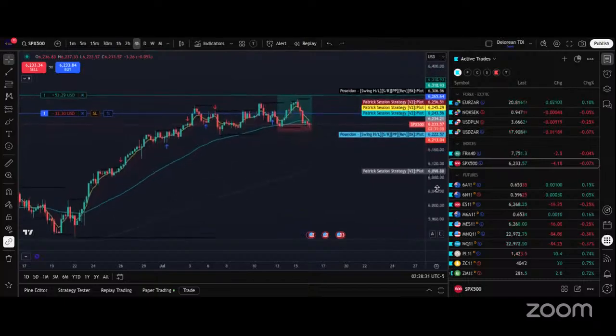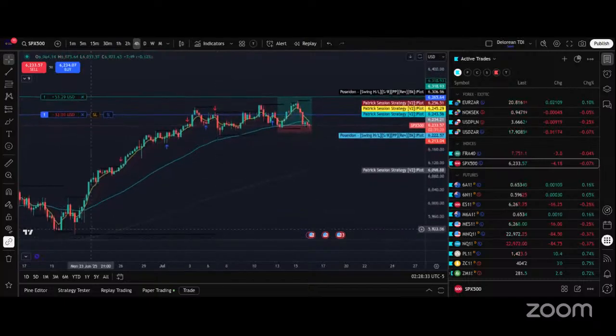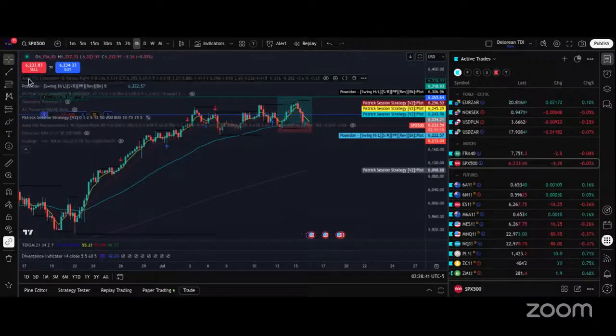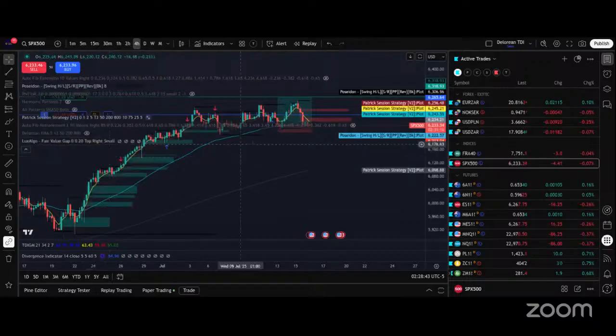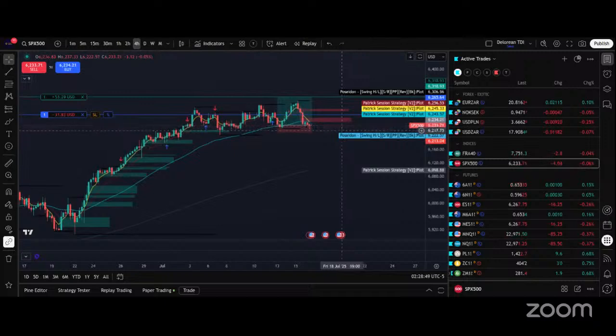And that's a distinct possibility because if you look to the left, it was in that area already. And this is uncovered price action. So we look at our fair value gaps. We clear this area.